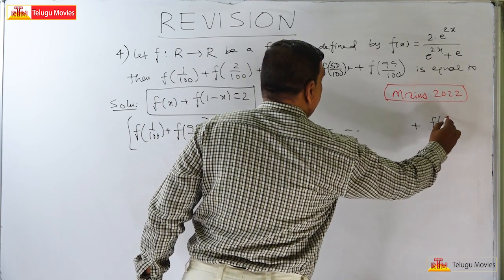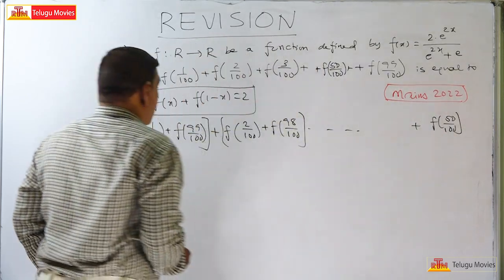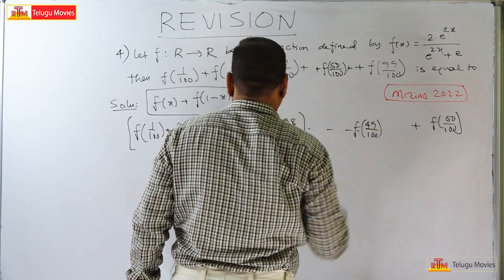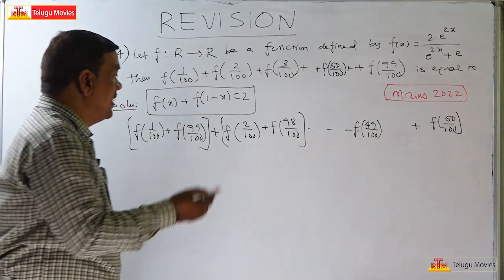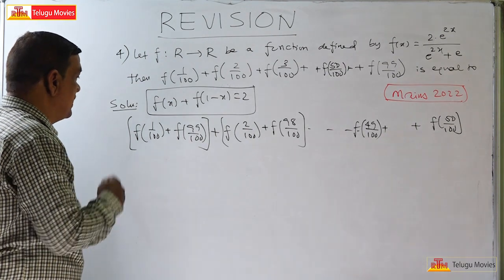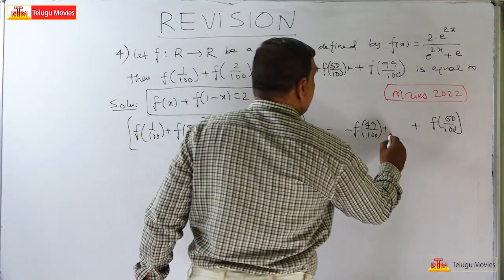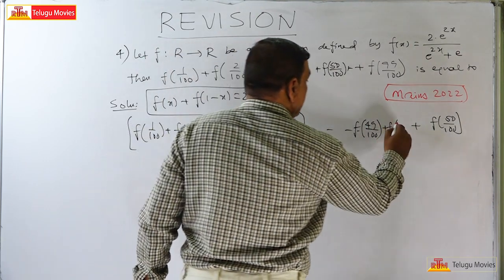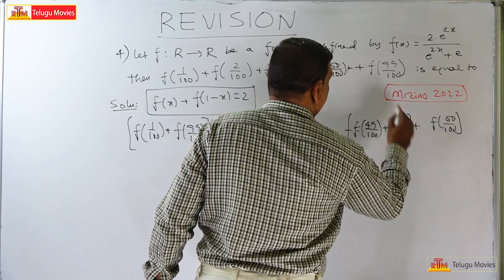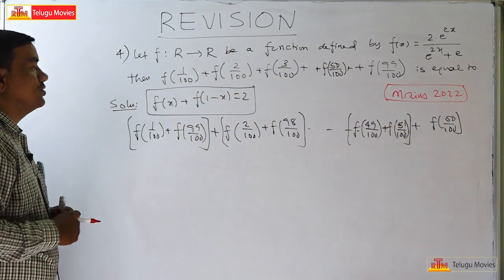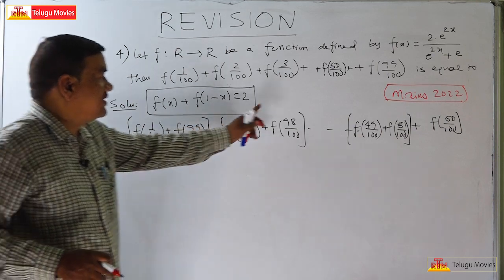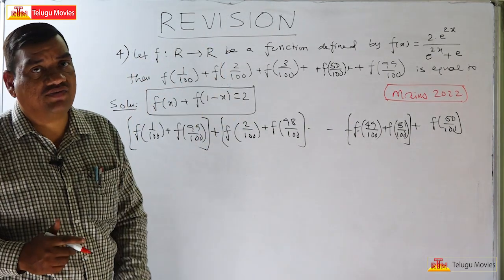Last one term is 50 by 100 that will be left. So the last group is f of 49 by 100 plus f of 51 by 100. So last, 50 by 100 will remain.